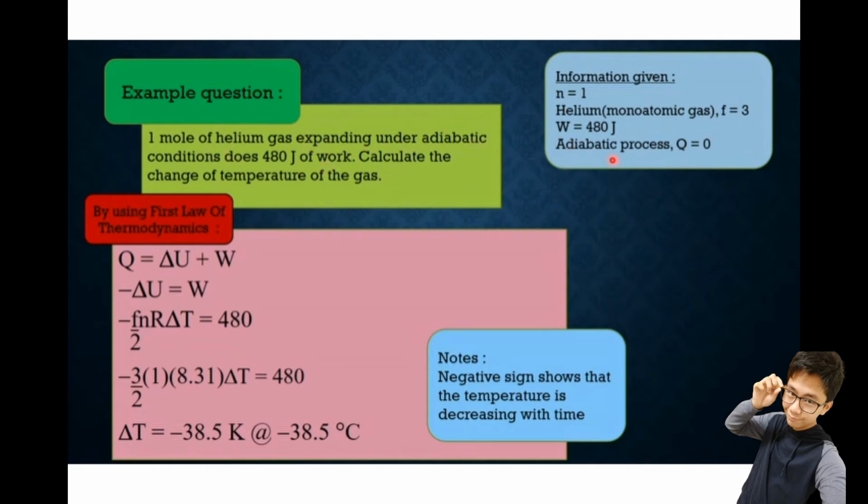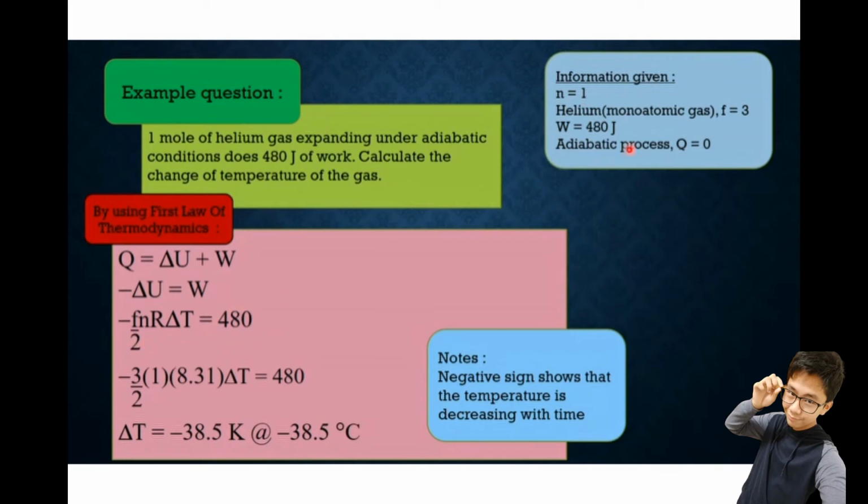So adiabatic process, we know that Q is equal to 0. So by using first law of thermodynamics, we know that Q is equal to delta U plus W. So in this one, expansion of adiabatic, so negative delta U is equal to W. So we substitute the formula for delta U, and we get negative f over 2 nR delta T is equal to 480.